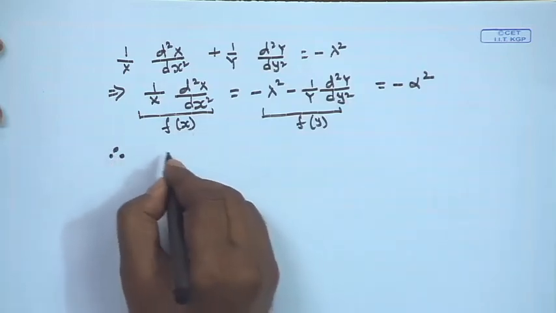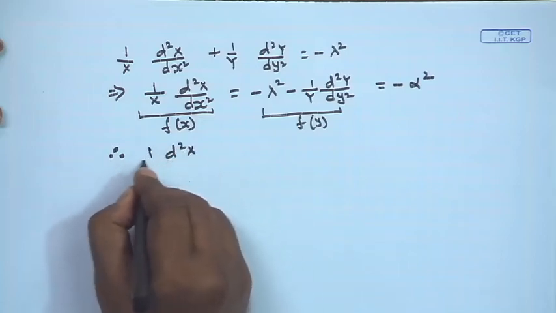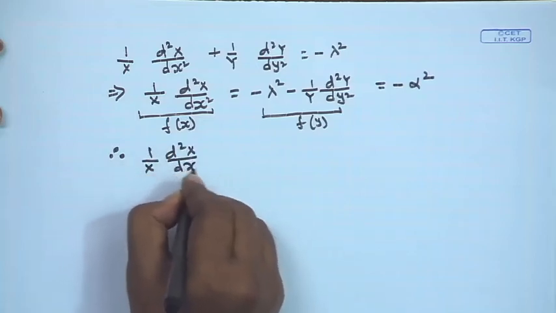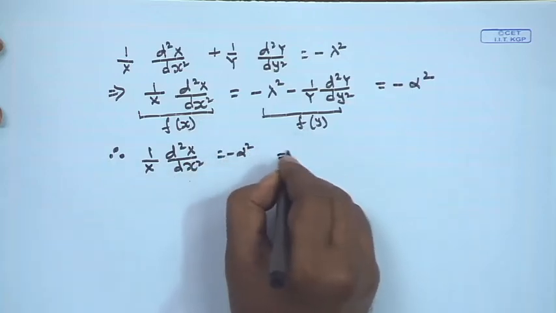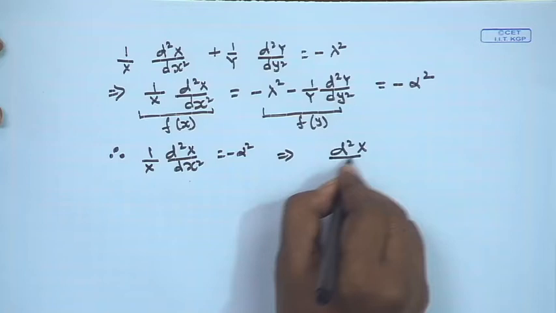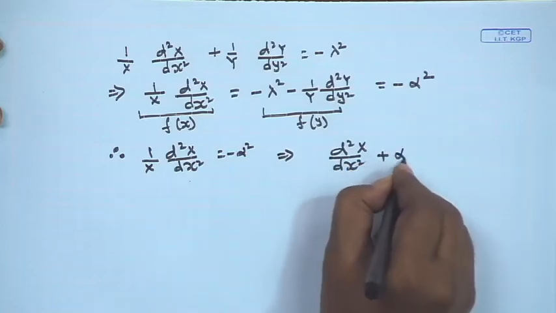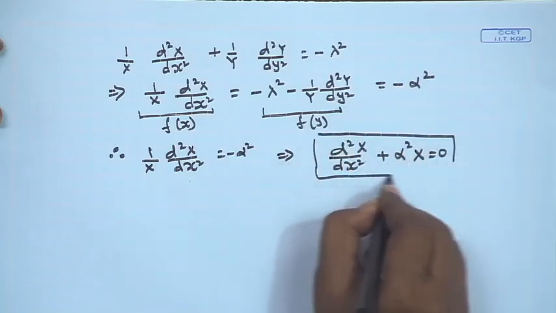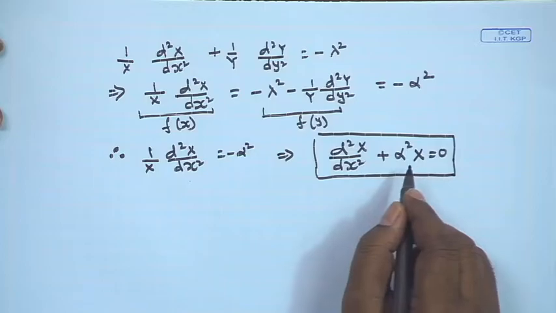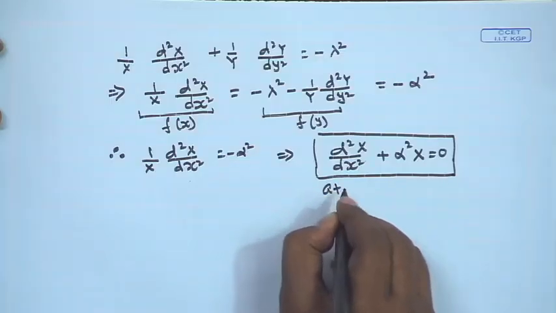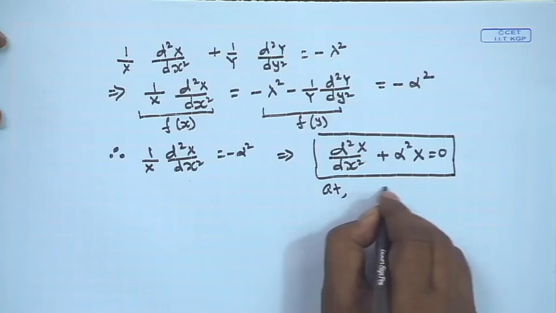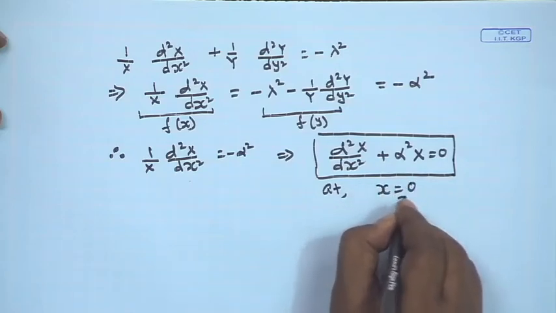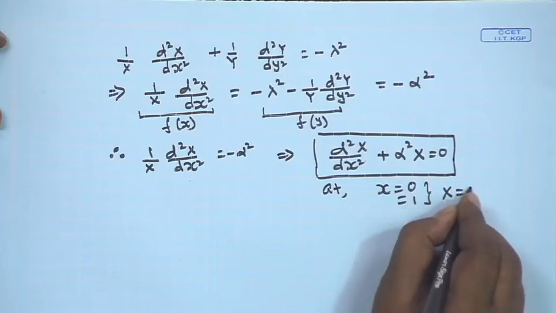Therefore, we can formulate the standard eigenvalue problem in the x direction as d square X dx square is equal to minus alpha square X. So, we can get d square X dx square plus alpha square X is equal to 0, and the boundary condition of the original problem in the x direction should be satisfied by the x varying part, capital X. Since they were the Dirichlet boundary conditions, we will be having a Dirichlet boundary condition here as well, that is at x is equal to 0 and 1, capital X is equal to 0.